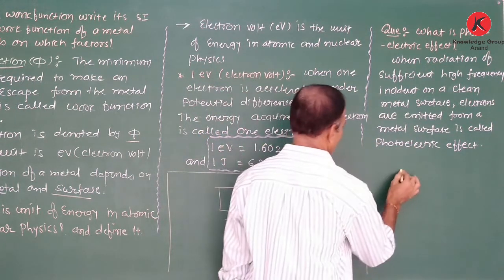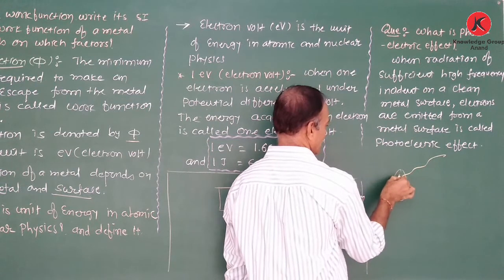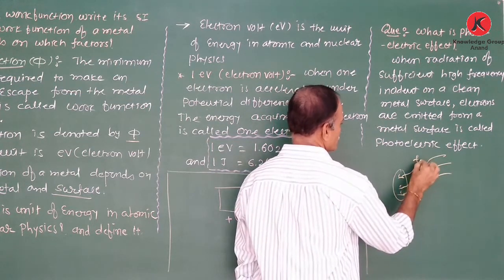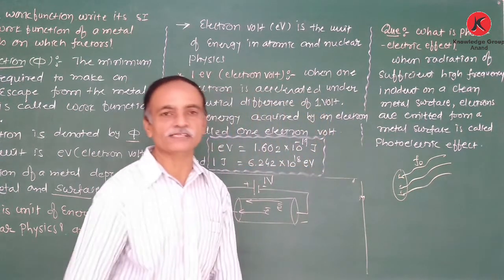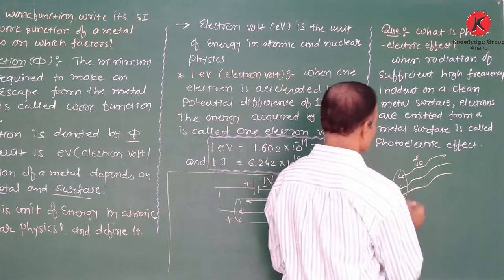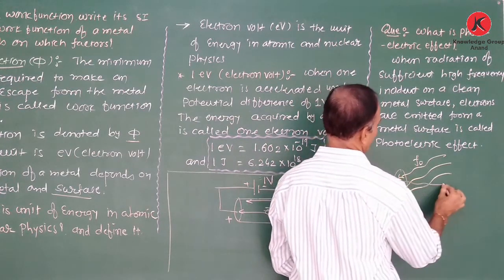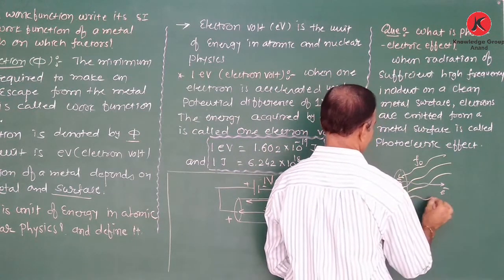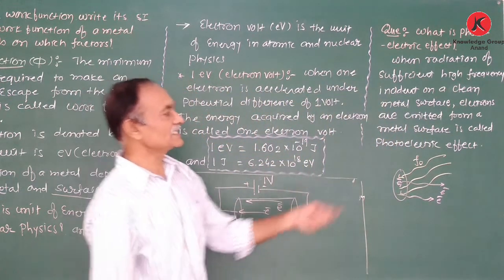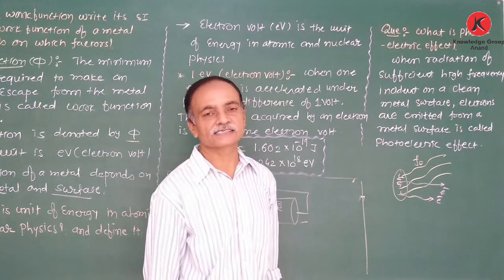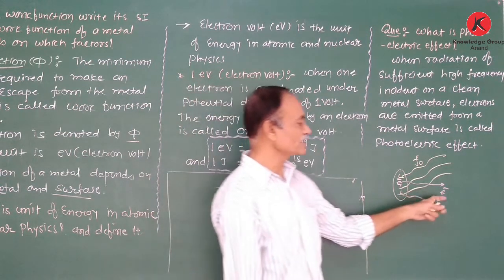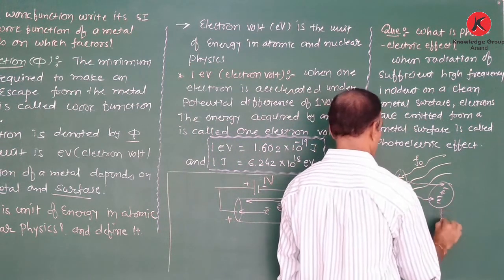Again, on a clean metallic surface, radiation or light is incident with the sufficient frequency f0 or f. At that time, the electrons become free from the metal. Electrons are emitted. This phenomenon is known as the photoelectric effect, and the emitted electrons are known as photoelectrons.